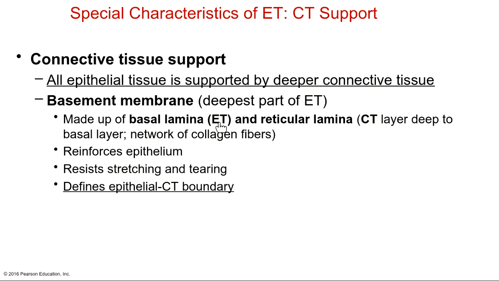Now, this is mostly made up of epithelial tissue, but you start to see some connective tissue in there as you approach the deeper layer of the basement membrane, and that is called the reticular lamina. The reticular lamina is all connective tissue. Basically, what you're seeing is a transition from epithelial tissue to the deeper connective tissue.